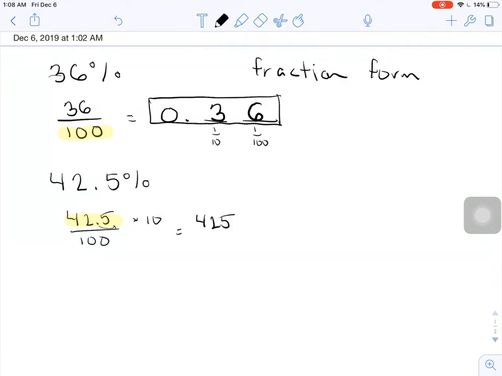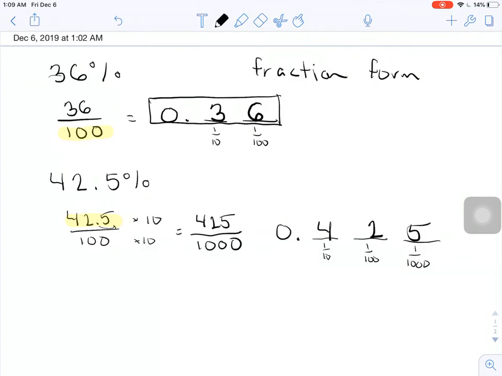But if we're going to multiply the top, we also have to multiply the bottom. 100 times 10 is 1,000. So that means this is 425 thousandths. In our place value system, there's the tenths place, the hundredths place, and the thousandths place, so we would have three numbers after the decimal point: 0.425. That's how you can turn a percentage into a decimal.